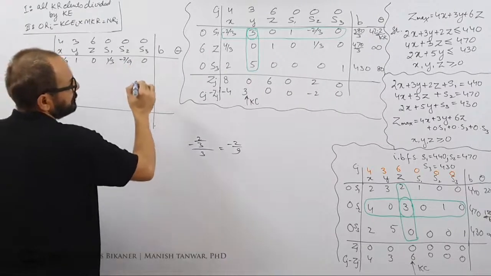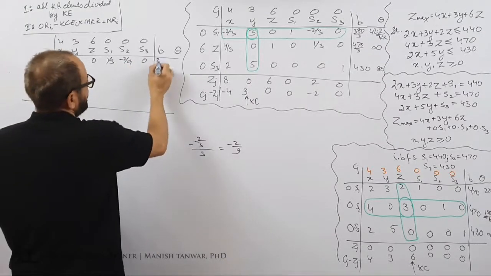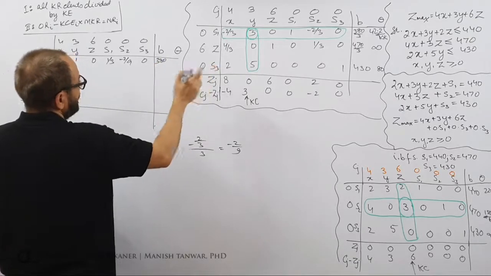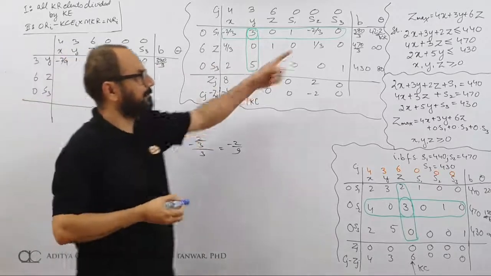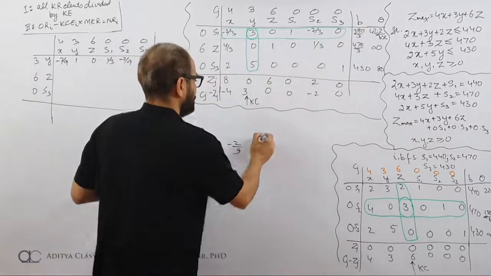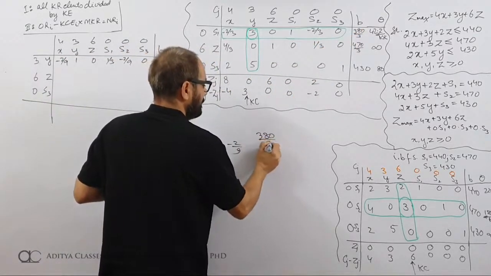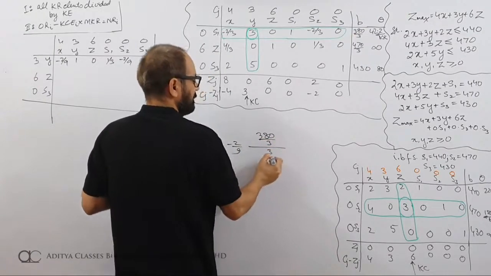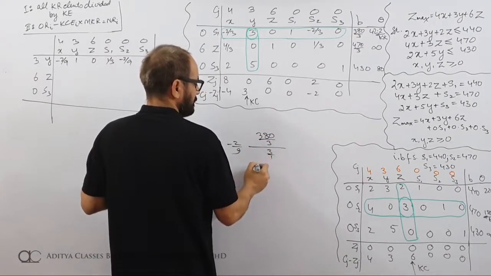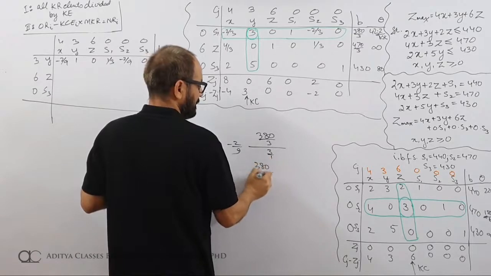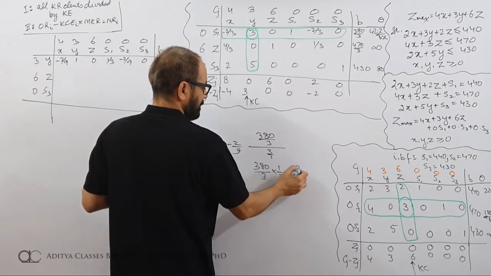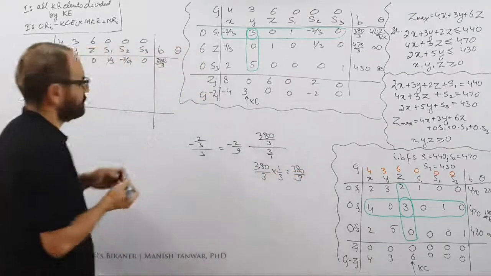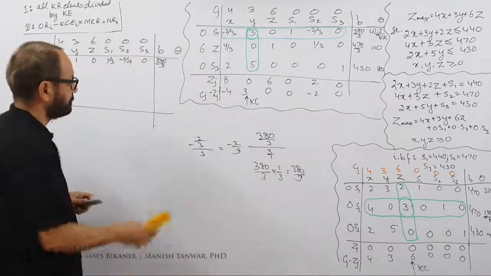And the last one would be 380 by 3 divided by 3, so I can say it is 3 by 1. When I solve it, it becomes 380 by 3 and this gets flipped to 1 by 3, making it 380 by 9. So our key row has been transferred.